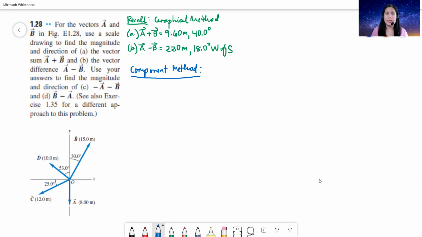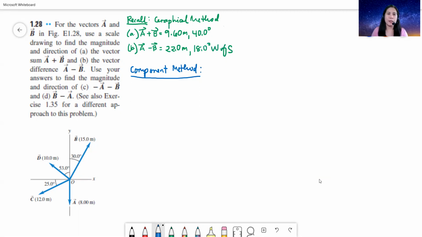Okay, and then if you connect the starting point to the end point, that will still represent the resultant or the sum. So I suggest in component method or algebraic method, you'll be able to show your solution systematically if you put them on a table.